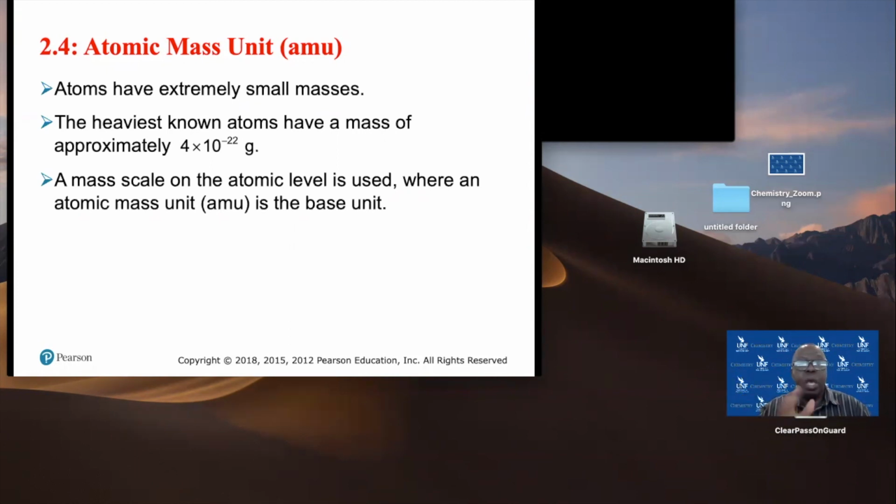I know sometimes you see AMU, same number, and you're wondering what is it? If you have one sodium atom, it will weigh the exact numerical value you see on the periodic table, but the unit is in AMU.